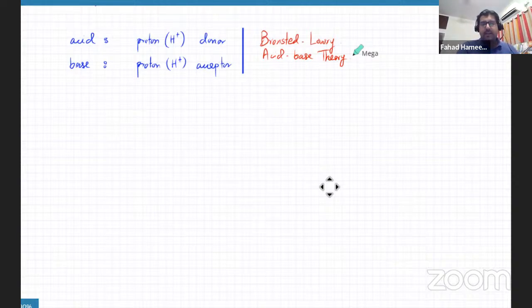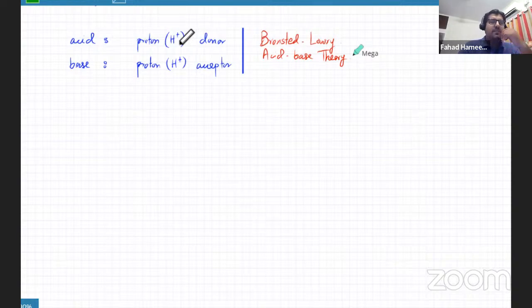Now there's one question, and that is, acids and bases are extremely important in chemistry. This acid-base concept is probably one of the most important concepts. Now, can anyone explain to me why the H+1 ion is so important?